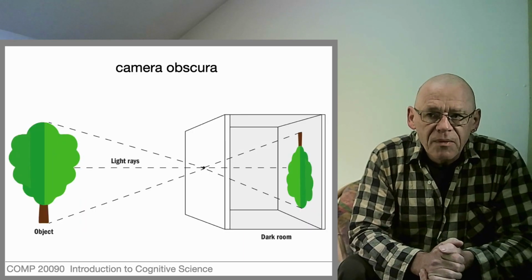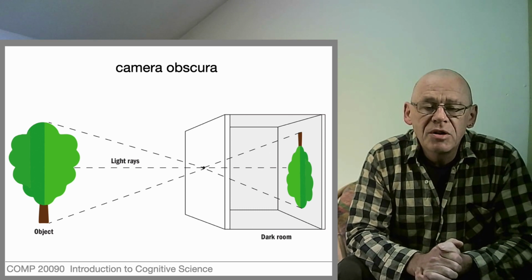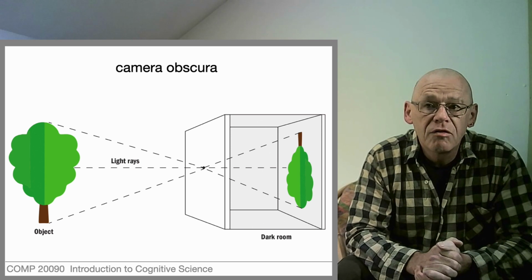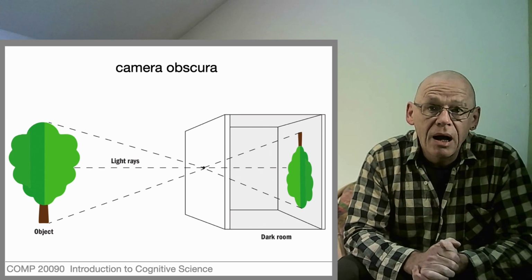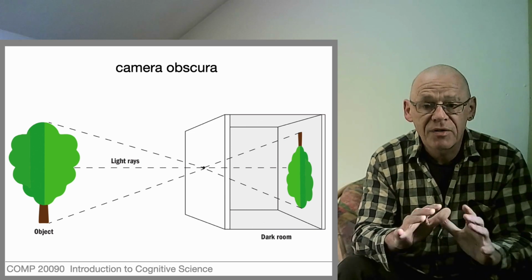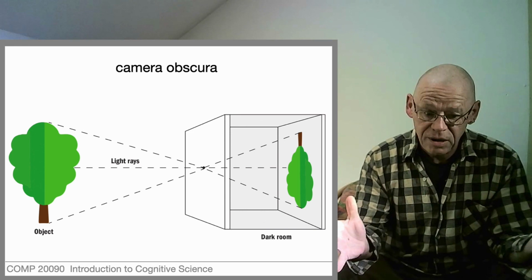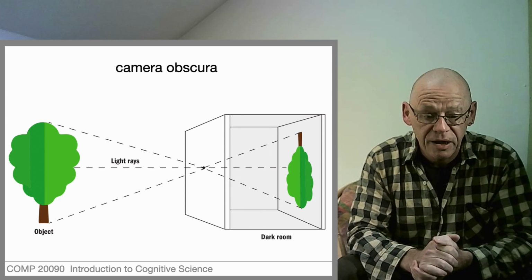Now, a camera obscura illustrates how the image is formed on the back of both the camera and the eye. Camera obscura arises if you have a darkened chamber, that's the box of the camera, or a room even, with a small hole in it.